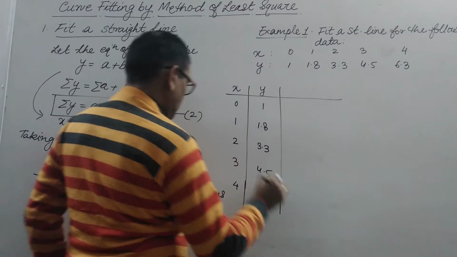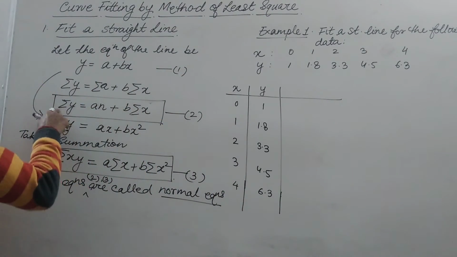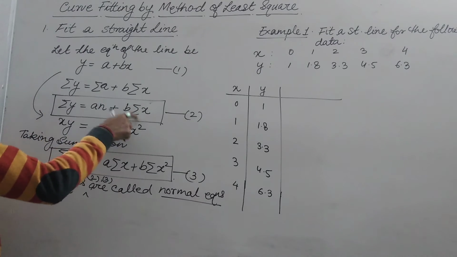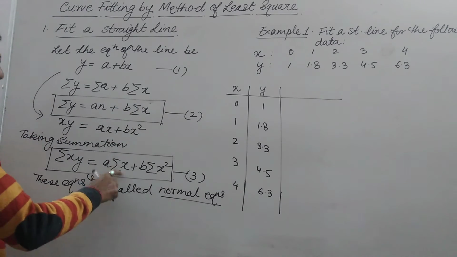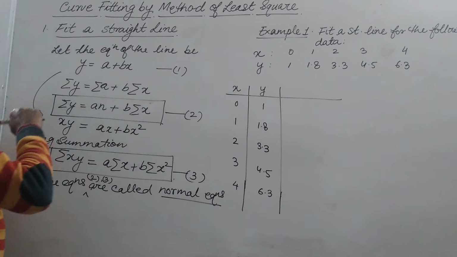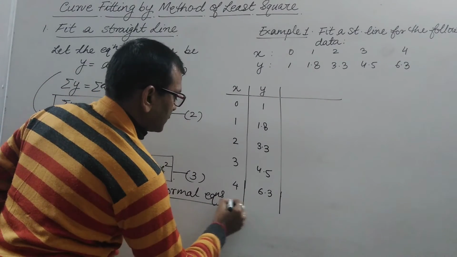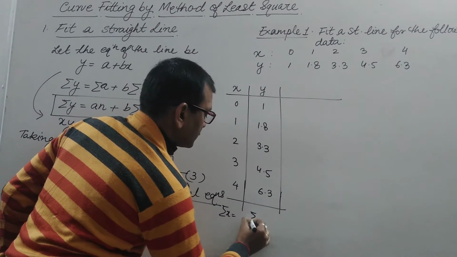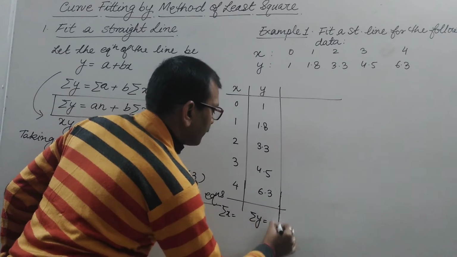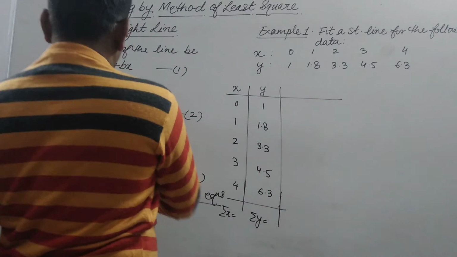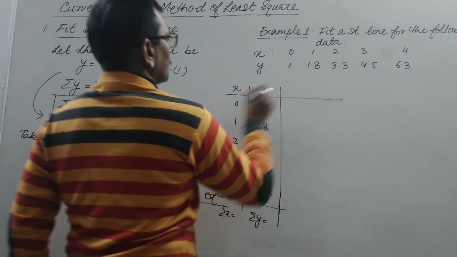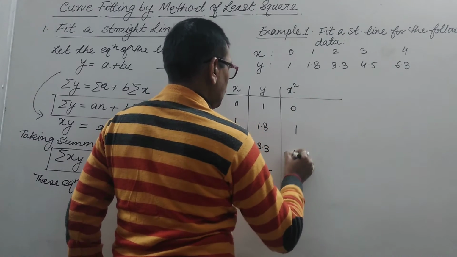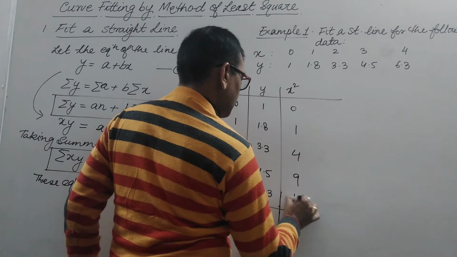You have to use these two equations, and you need sigma y, sigma xy, sigma x, and sigma x square. Making x square, you will get 0, 1, 4, 9, 16.